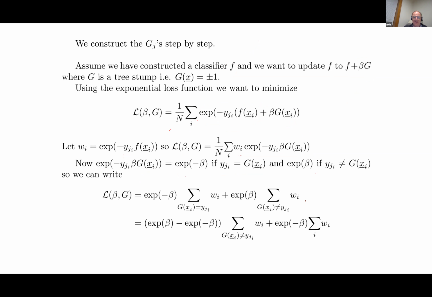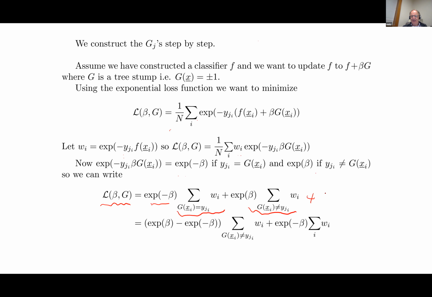So we can simply write our loss function this way here. It's exp of minus beta times the sum of all the weights of the correctly classified ones plus exp of beta times the sum of the weights of the incorrectly or wrongly classified ones. And so we can rewrite this, so I can add and subtract.